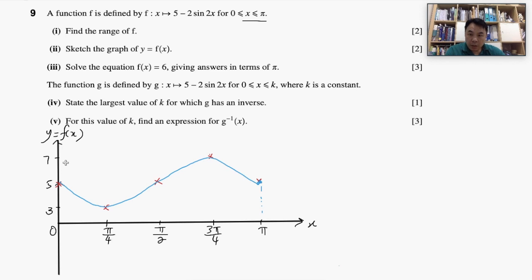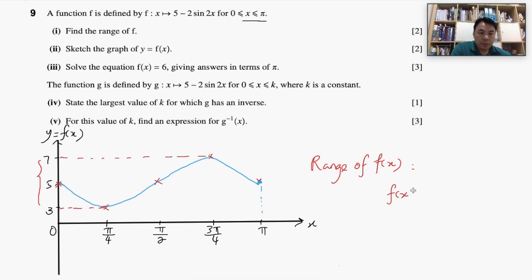And now you can see that the graph is having a range from 3 to 7. So the range of f(x) is from 3 to 7. So this is also another way to verify the range using a graph.